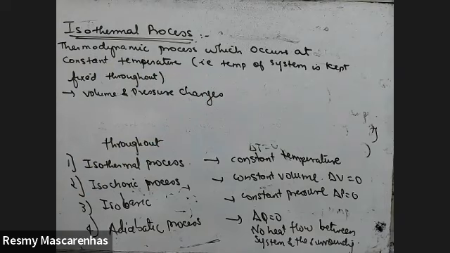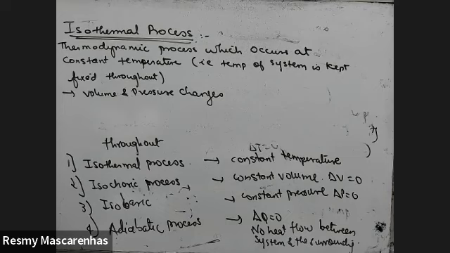Best example of isothermal process is your refrigerator, your fridge. Something must be happening inside the system. Even if you try to place some hot object inside this fridge, some process will take place, heat exchange, some compression, gas, everything under the compressor.